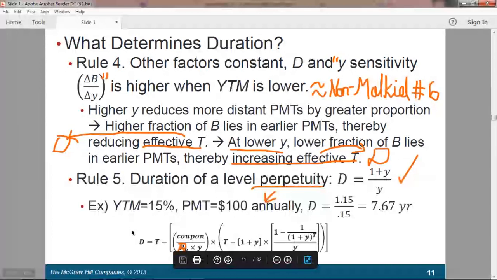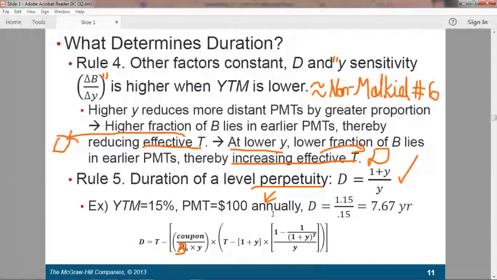So yield to maturity is 15%. In other words, discount rate is 15%. Payment is $100 annually. A perpetuity pays a constant payment.